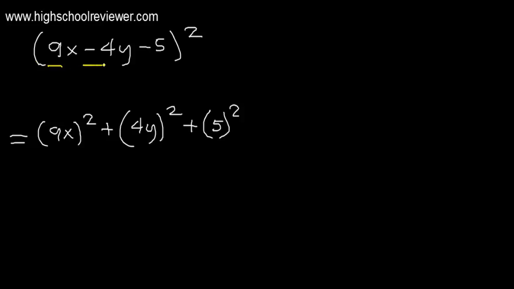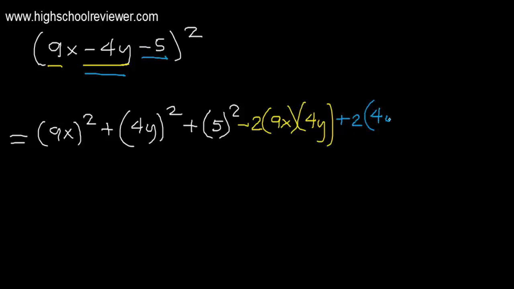Positive multiplied by negative, this will give us negative 2 multiplied by the first term times the second term. Next, we will multiply by 2 the second and the third term. Negative multiplied by negative, that will give us positive 2 multiplied by the second term times the third term.